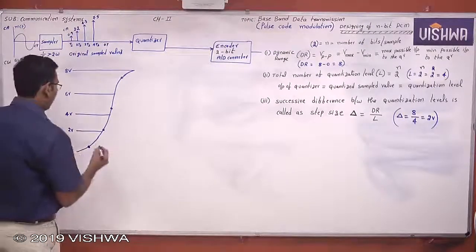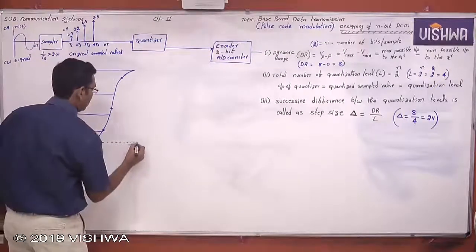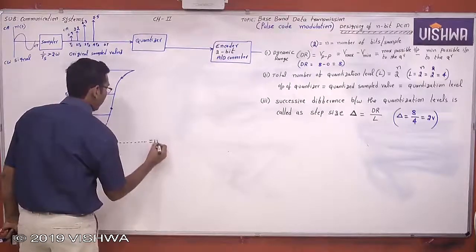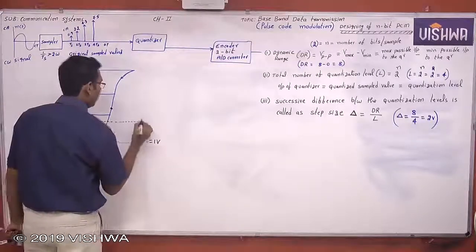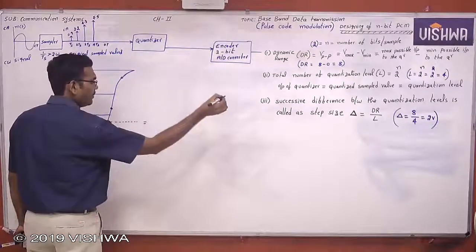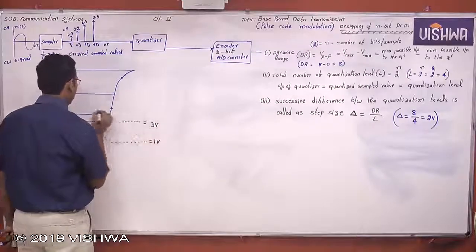Now the first quantization level is 1 volt. Now what should be the next quantization level? The step size should be maintained as 2 volts. Therefore, this is the second quantization level.